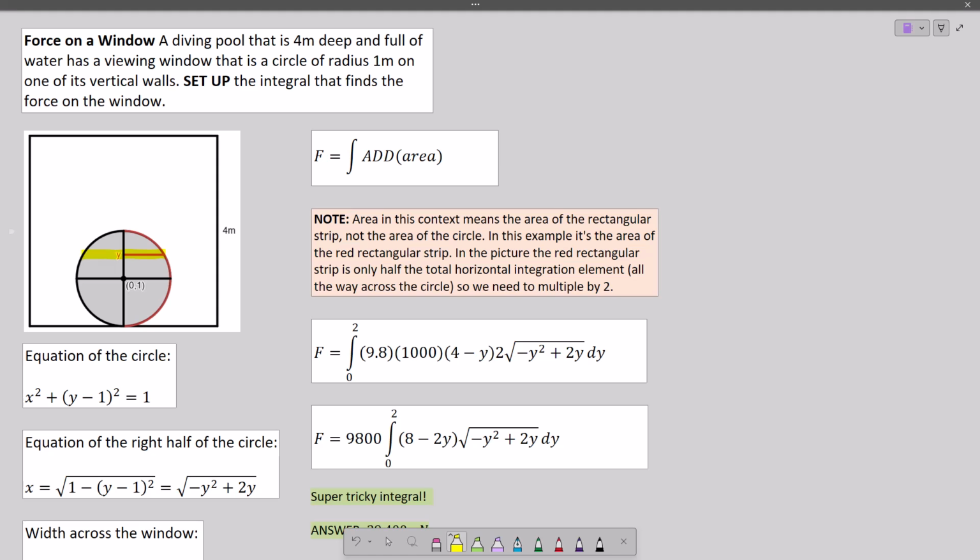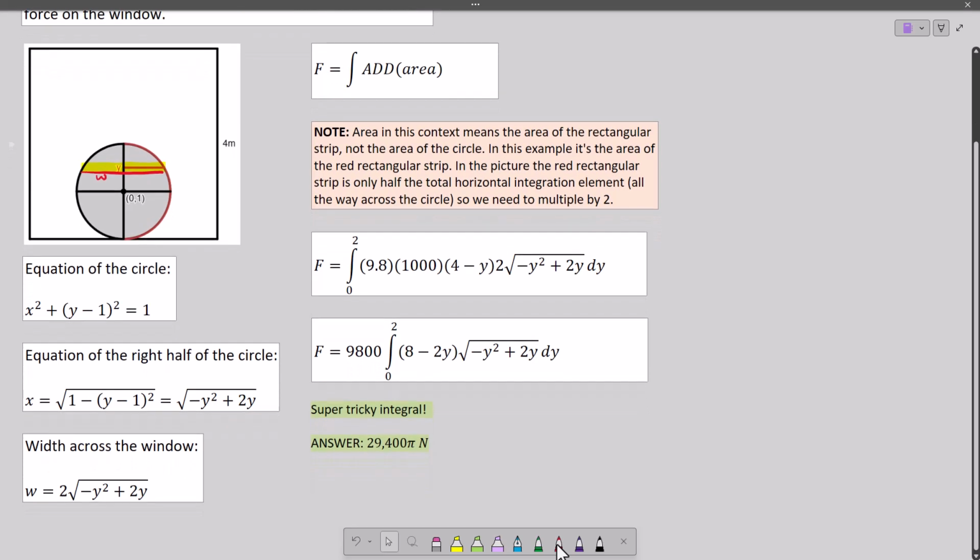We want the area of that yellow rectangle. That's what we're talking about when we find area. The area of that yellow rectangle is going to be W, the width all the way across, multiplied by dy. So W is going to go all the way across.